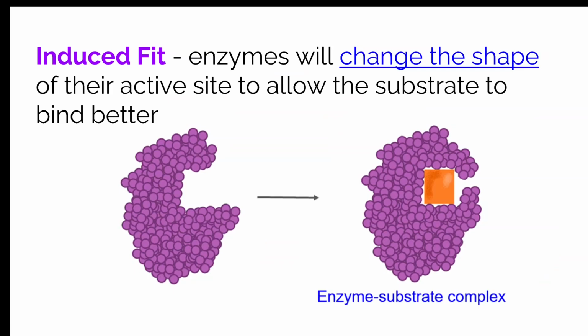It'll do this thing called an induced fit just to make sure that the substrate stays in place and doesn't go anywhere during the reaction so that it can actually change that substrate into a final product. And so again, this enzyme substrate complex will look like this, and this idea of induced fit will last until that substrate turns into the desired product.